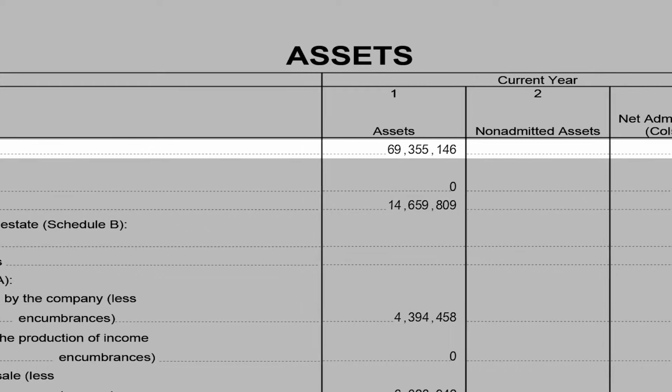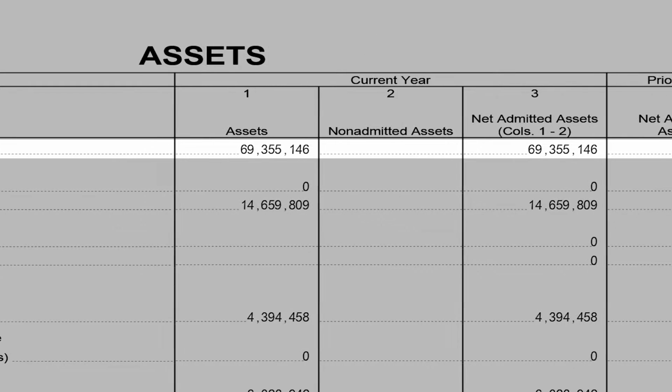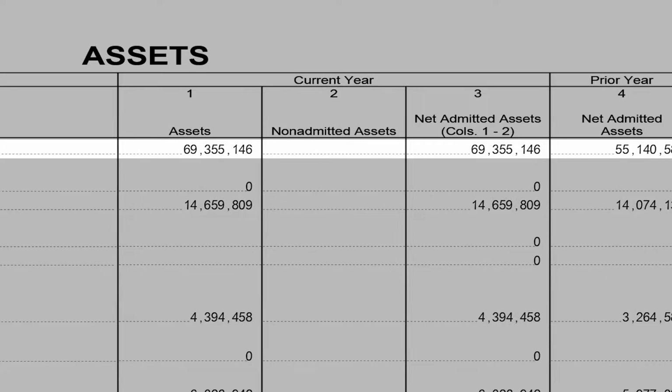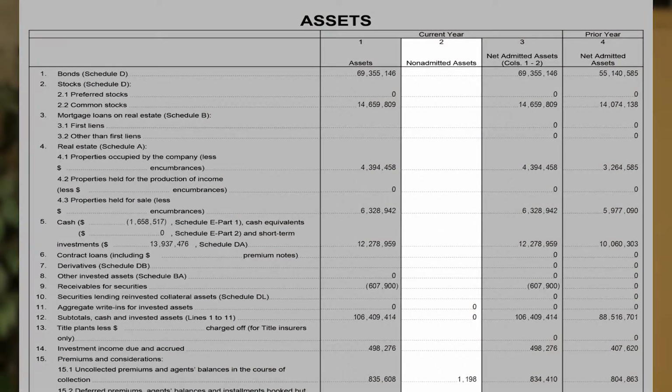They're fixed income. The NAIC and the statutory accounting rules and principles will actually value these fixed income investments. So they're investment grade 1 through 6. If they're not investment grade, they become non-admitted. If you look at column 2 in the assets page, it refers to non-admitted assets.